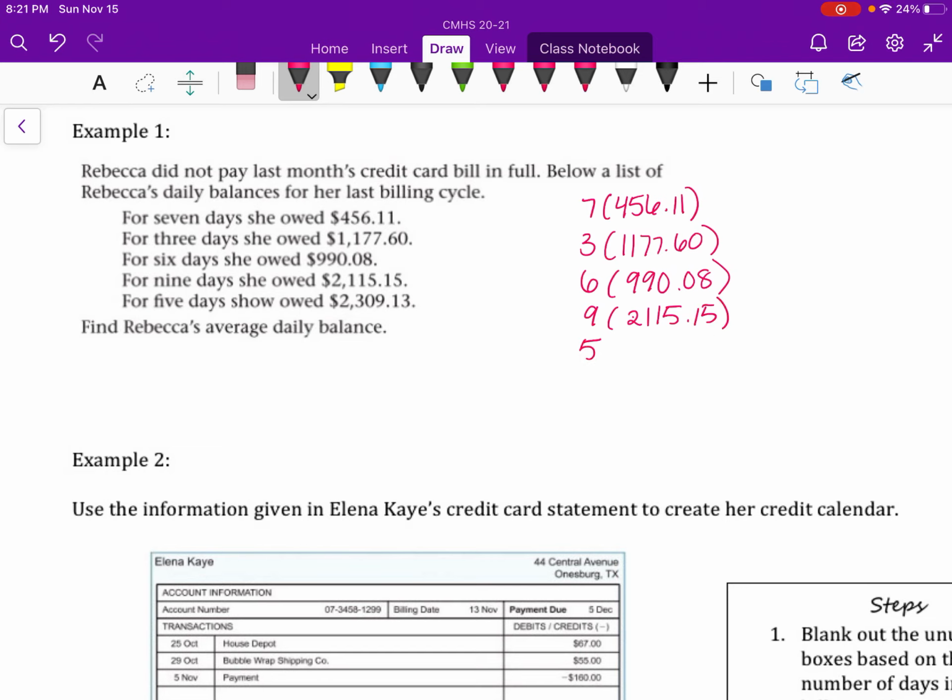And last but not least, for 5 days, she owed $2,309.13. Okay, so we're going to multiply those and we're going to add them up because that's what sum means. So multiply those out. If you add them all together, you will get $43,248.05.